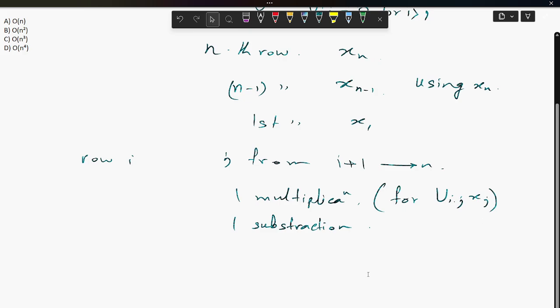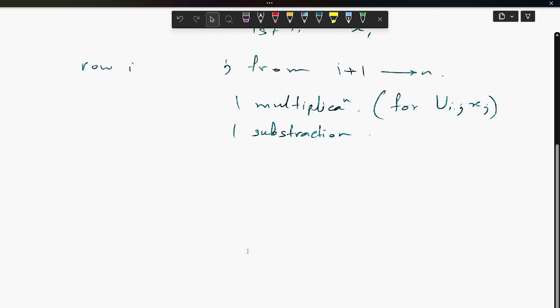So now the total operations. For row i, we are getting n minus i multiplications and n minus i subtractions.